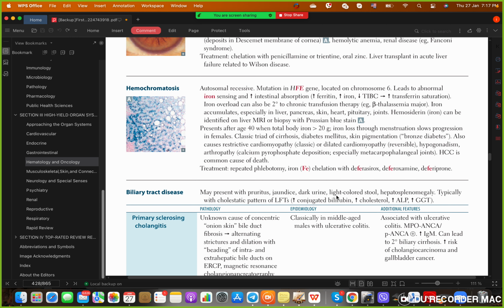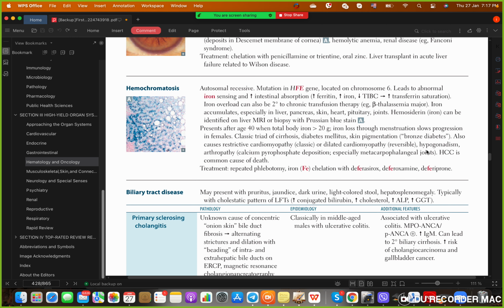Arthropathy, especially leading to something called pseudogout. Okay? So pseudogout, make a note about that. Pseudogout will have calcium pyrophosphate deposition in it. It's a condition we'll speak about in MSK, especially in the metacarpophalangeal joint of the hand.